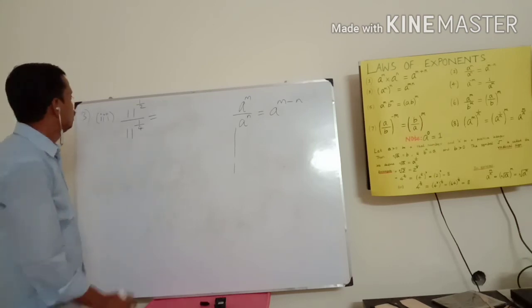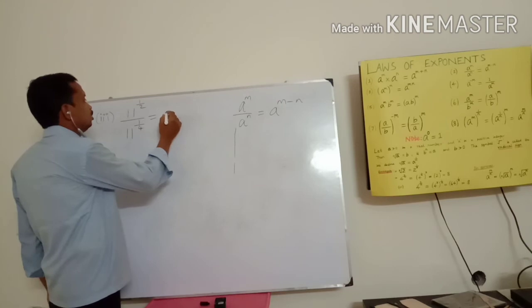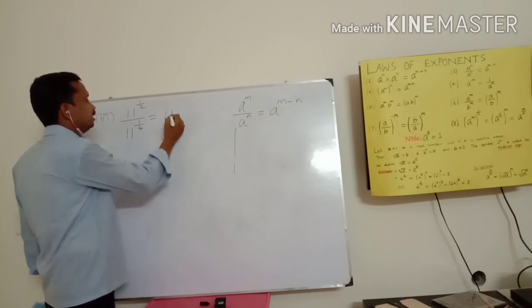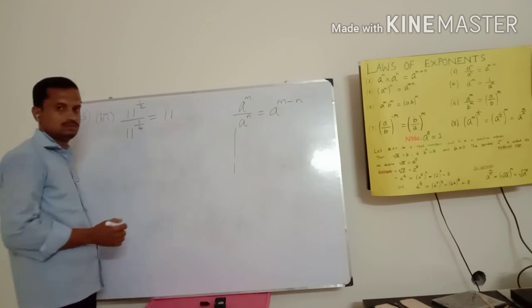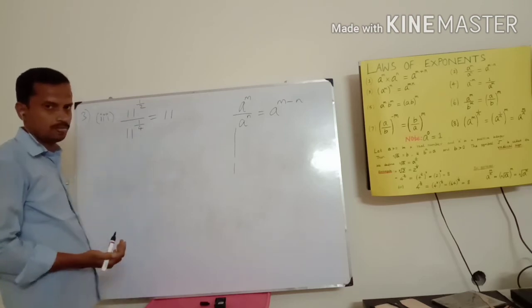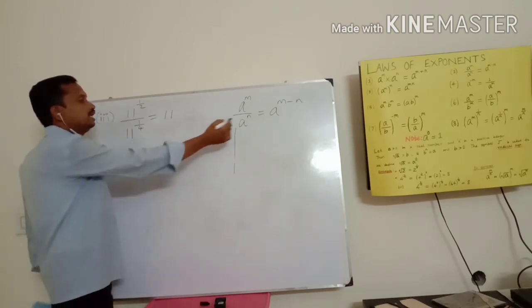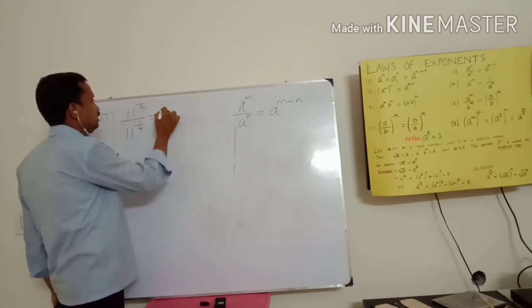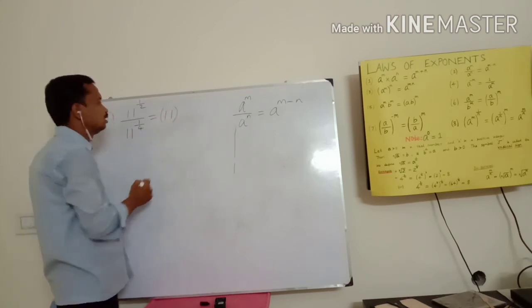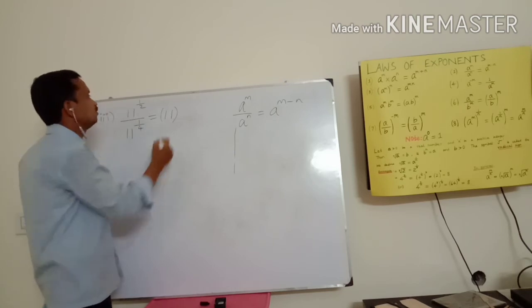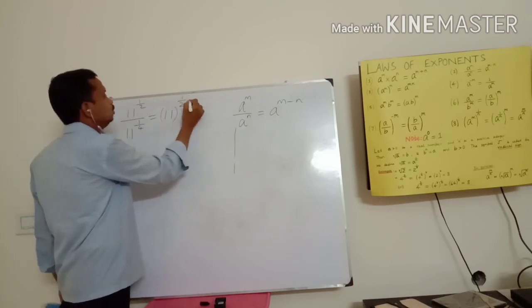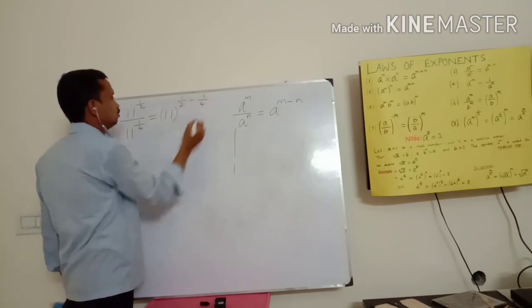So you can apply this law and you can write like this: the base is 11 in both numerator and denominator. The base is 11. So by applying this law, you can write this as 11 to the power 1 by 2 minus 1 by 4.